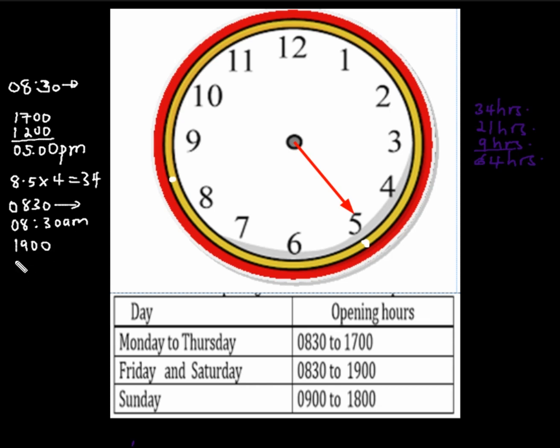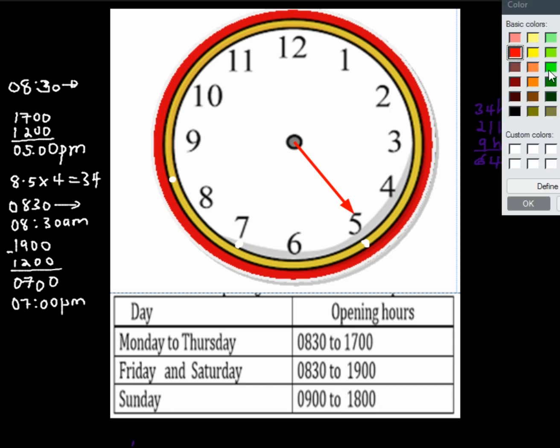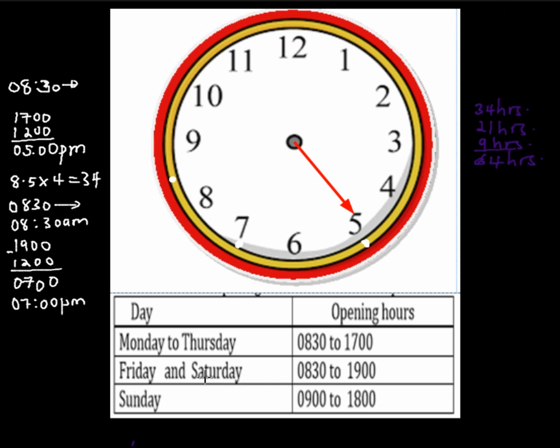So we are going to just subtract 12 hours. That is 9 minus 2, that is 7, 1 minus 1, that is 0, and this is 7 p.m. implying that it is going to open at 8:30 and it is going to close at exactly 7 p.m. So let us count the number of hours this coffee shop is open from Friday to Saturday.